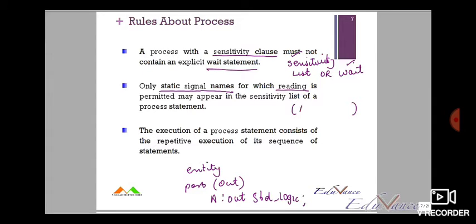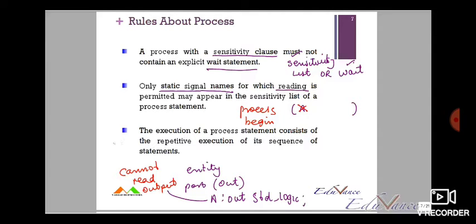I cannot put A as part of my sensitivity list because I cannot read an output. So you can have only static signal names for which reading is permitted, and that you can put in your sensitivity list. So this is what your sensitivity list will look like, and then you'll have the begin statement.